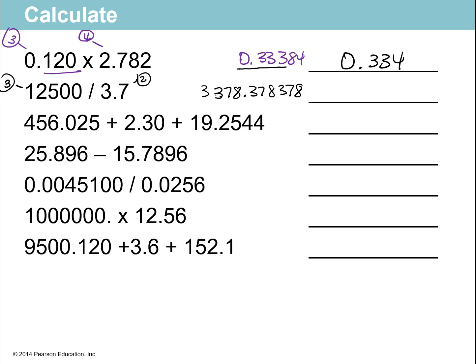I can't keep all of those. That's 10 significant figures. So I've got to round to what? 2. So here's the first 2 significant figures. The next number's a 7. What will that do? So the 7 is going to round the 3 to a 4. What else do I have to add? The 0, 0. So see how that's 3,378? I'm going to round it to 3,400.